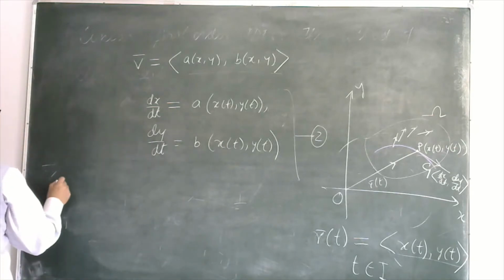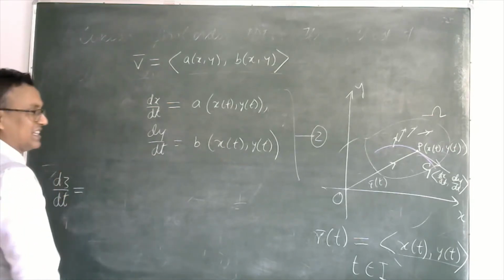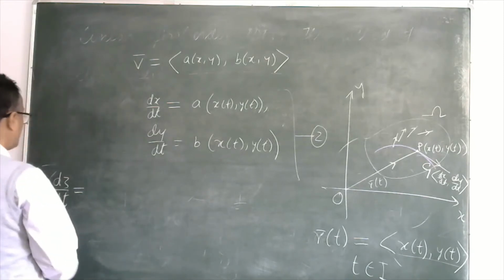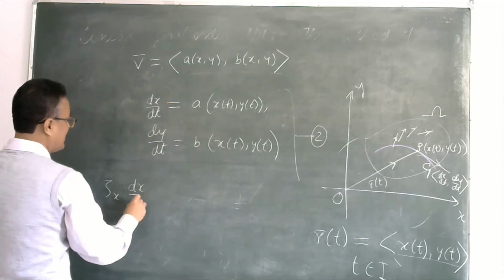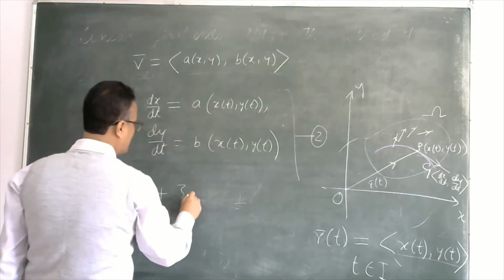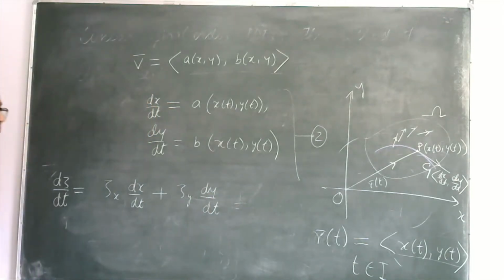So now what is going to happen along that curve C1? If I want to find out, as before, I think now you have done it umpteen number of times, so you know that this is simply Jx dx/dt plus Jy dy/dt, isn't it?